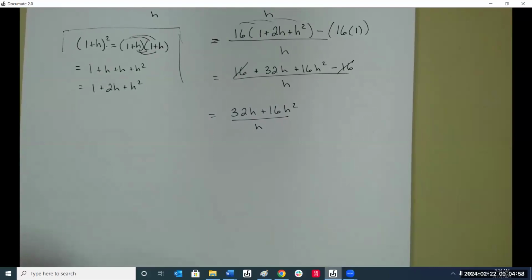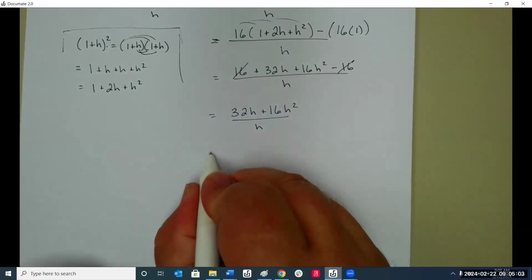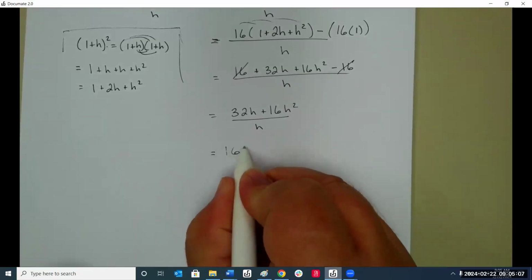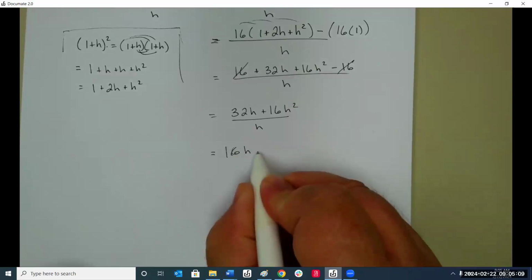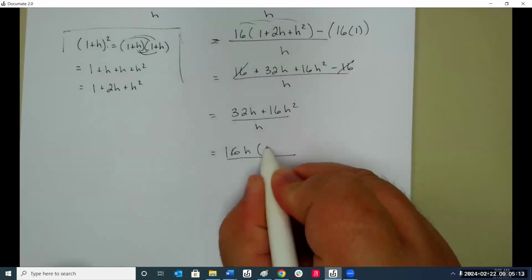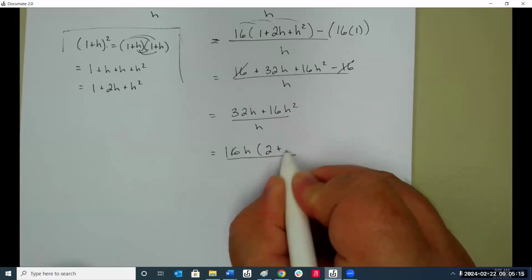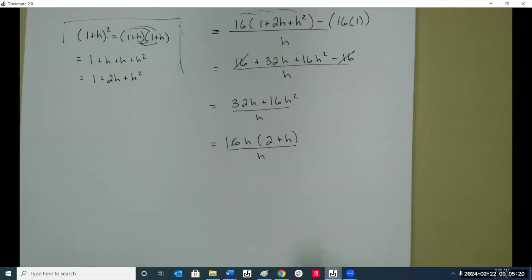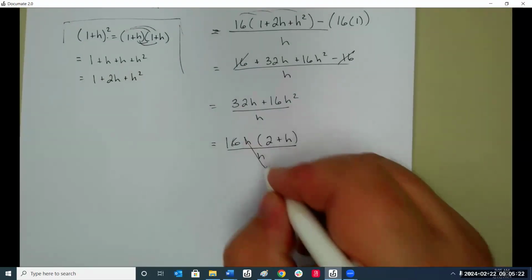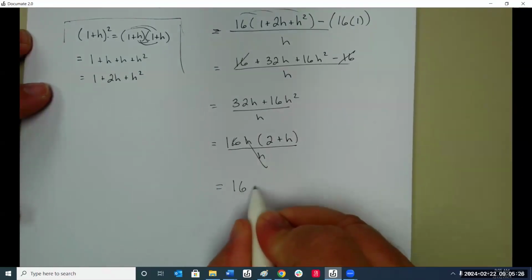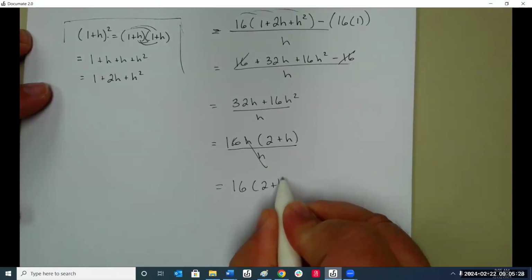Can anything factor out of the top? And what else? So it gives us 2 plus h. So our function becomes 16 times 2 plus h.